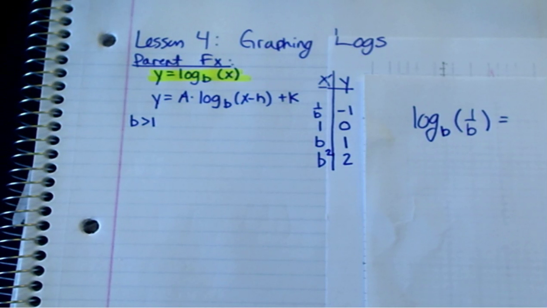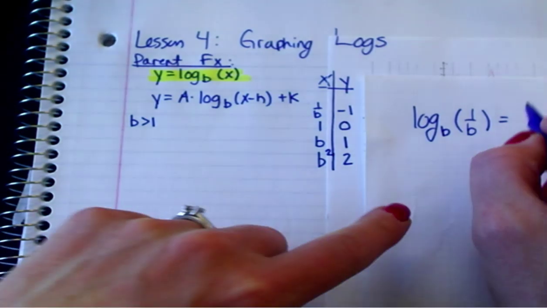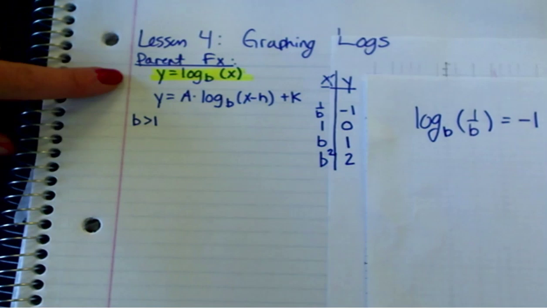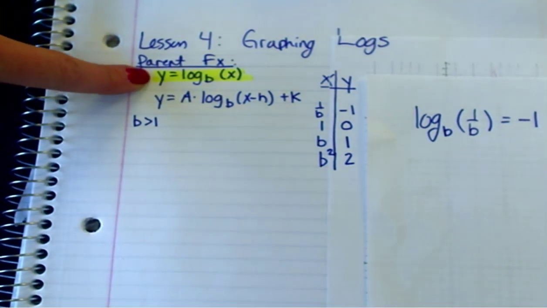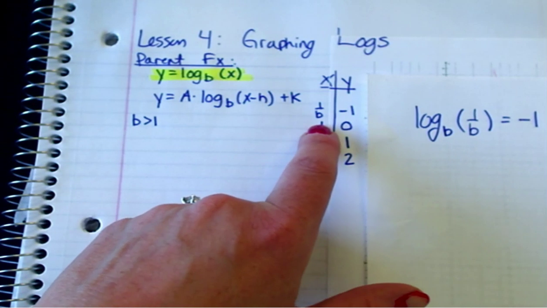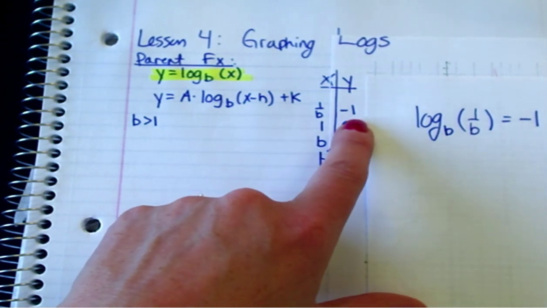If I plug in the reciprocal of the base, I get a -1 power. Is that statement true? Right? Because that's what I'm doing. I'm just plugging in the x's and I'm figuring out what the y is. I plugged in 1 over b and the output was -1.